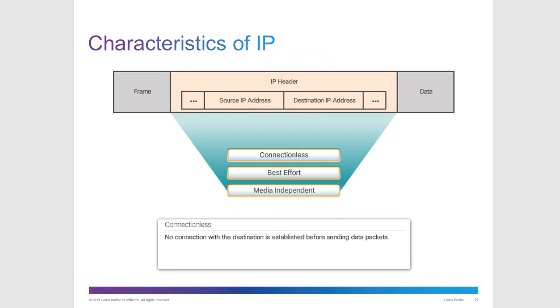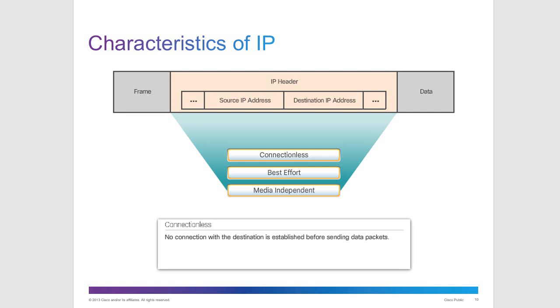So some characteristics of IP: it's connectionless, which means no connection is established before sending your data and sending your packets. That's not something that's done by the network layer or by IP. Best effort just means that it's going to make its best effort to deliver the packet successfully.